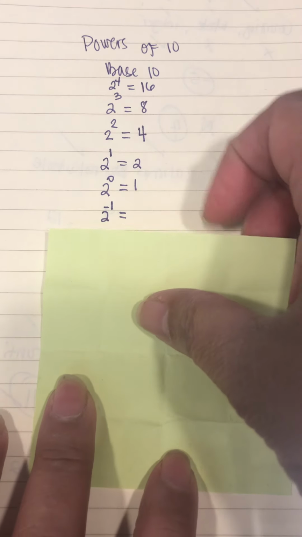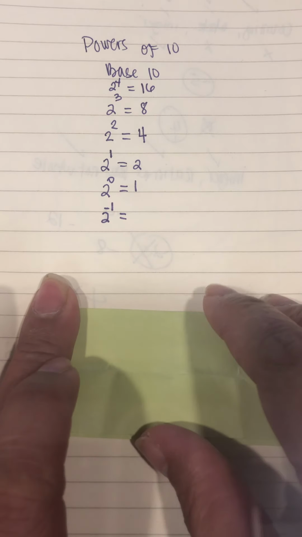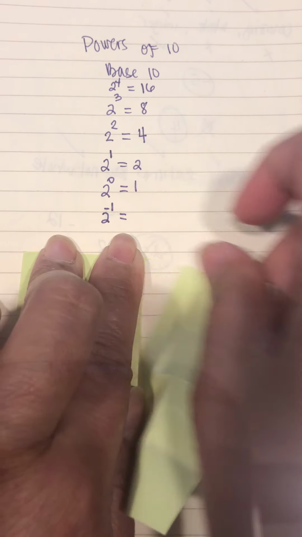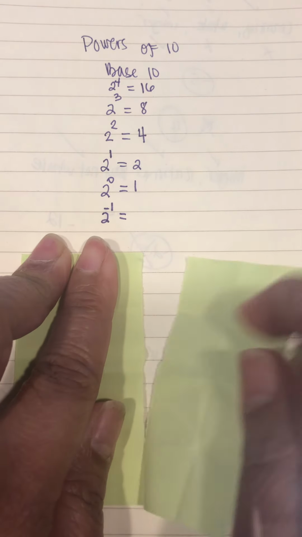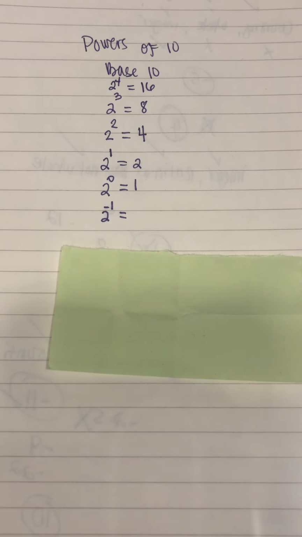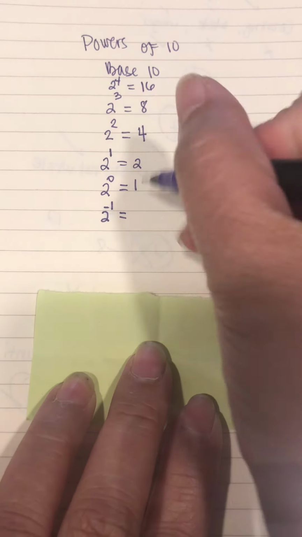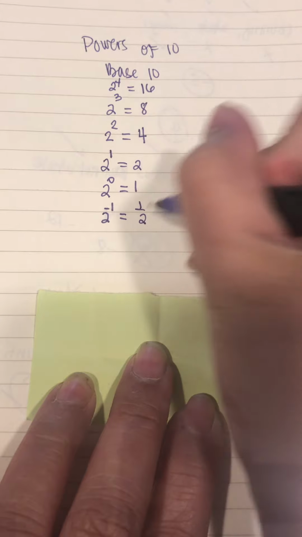So 1 fold, but a cut. So I'm going to tear this one. Okay, so now how much did I get? I got half of my original paper. So my answer is 1/2.